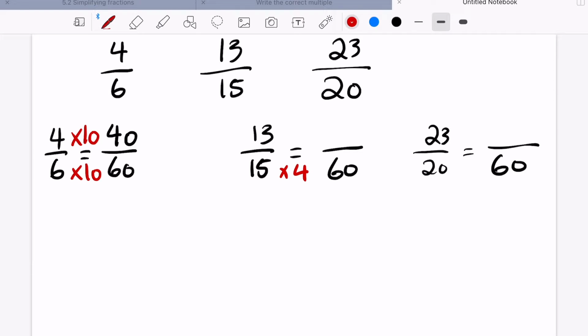Very good. 13 times 4 equals 52. Very good. So 20 times what equals 60? 20 times 3. So we have to multiply the top by 3 as well.